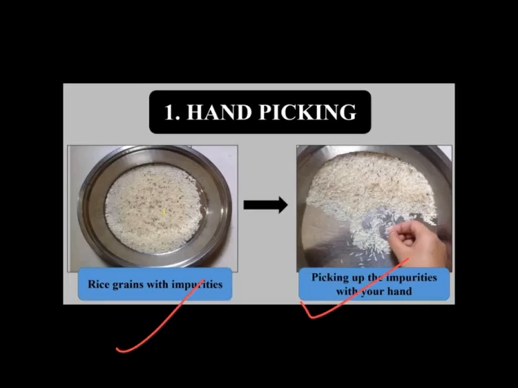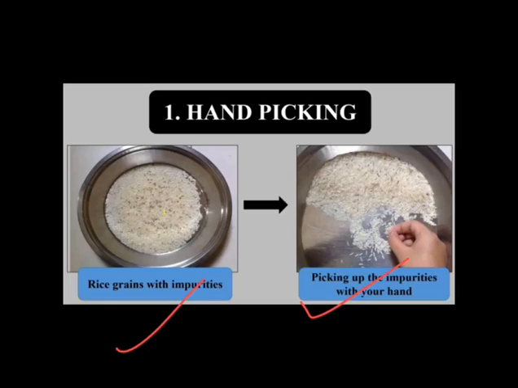We have mostly seen this almost every day at our home also, because our mothers usually do this before cooking the rice. So this is called hand picking. When we separate two components by our hand, the process is known as hand picking. Here we separate the rice grains from the impurities.